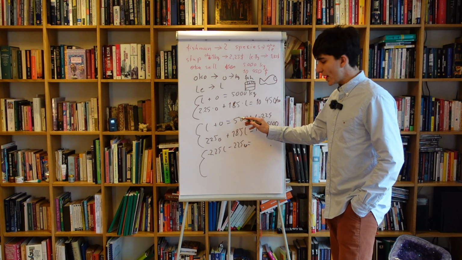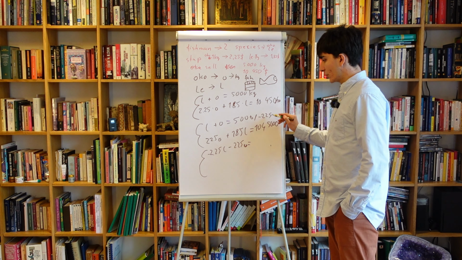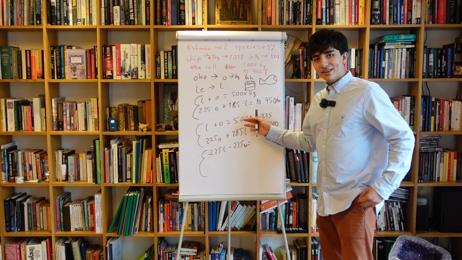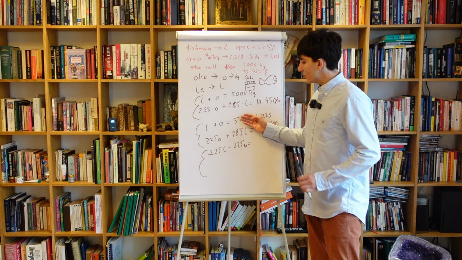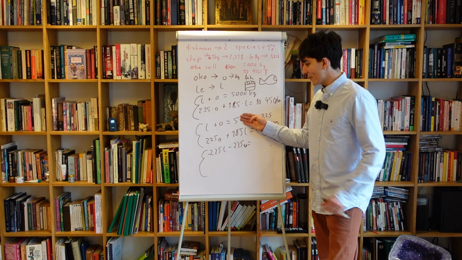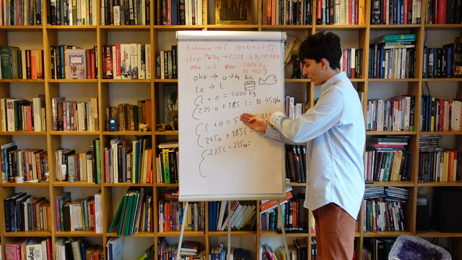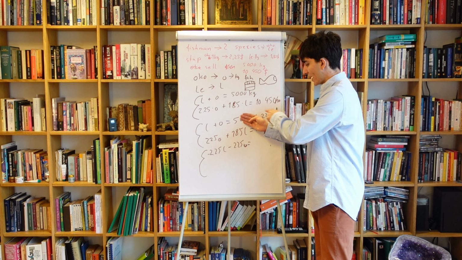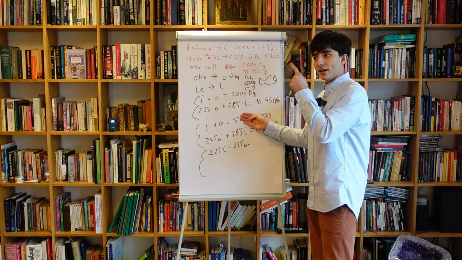Here we just multiply 5 times 225. It's a very intimidating number, but if you just cancel out the zeros, it's just 5 times 225. So 5 times 200, 1000, 5 times 25, 125.